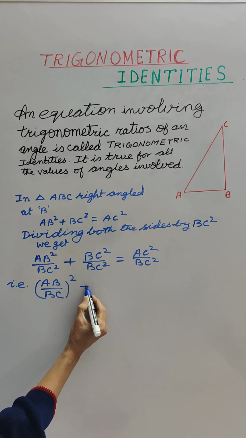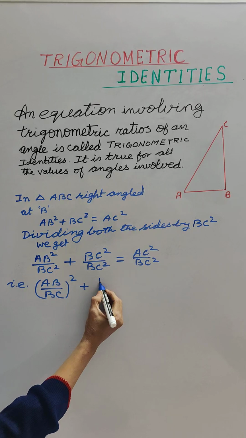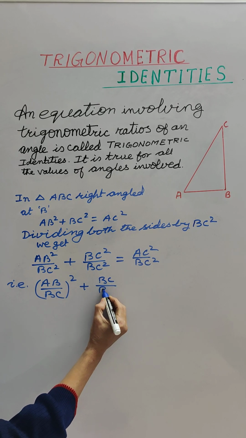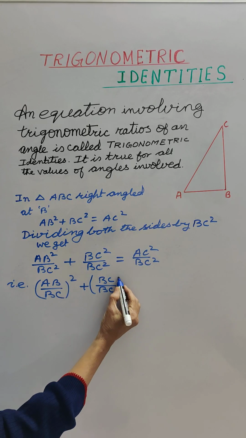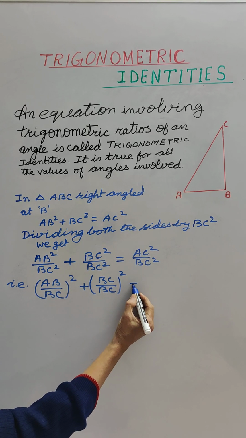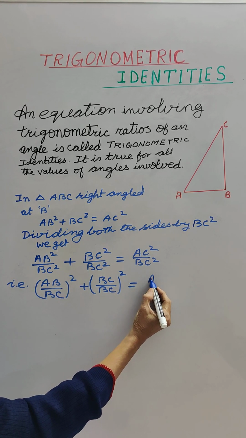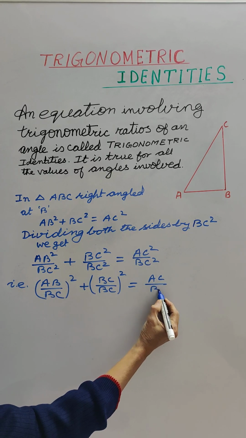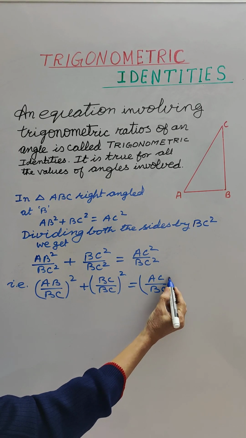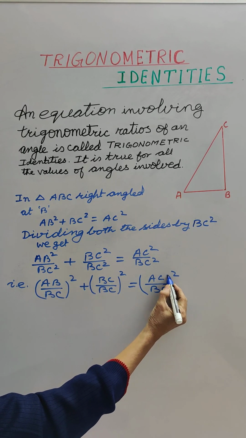This can be written like this, and this can be written BC upon BC whole square is equal to AC upon BC square.